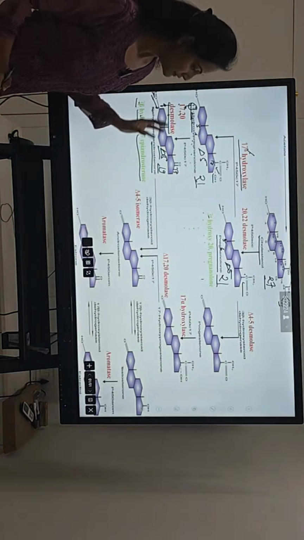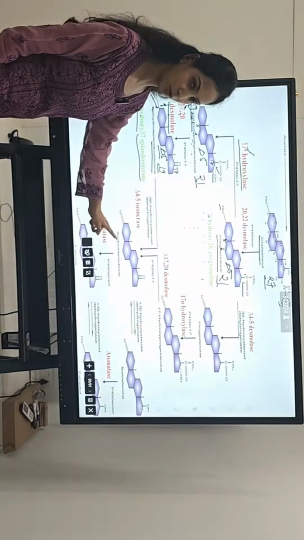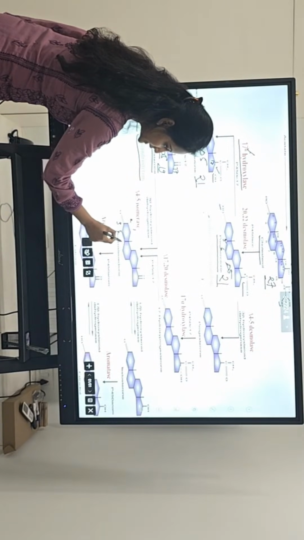Now this delta 5 compound will convert into a delta 4 compound. See, this is 1, 2, 3, 4, and 5.